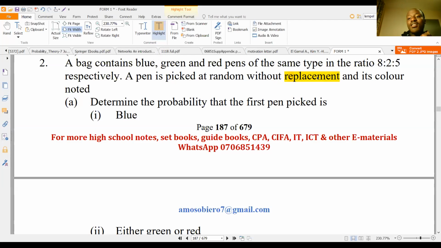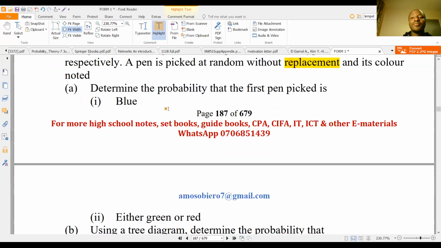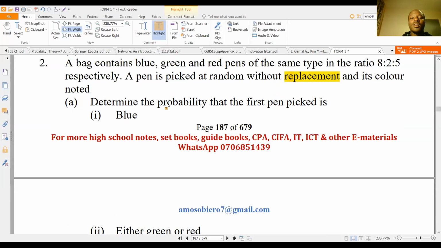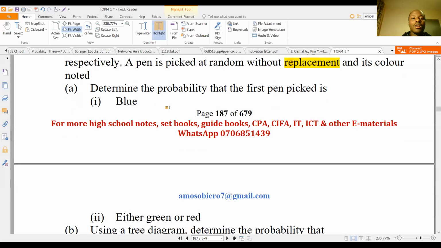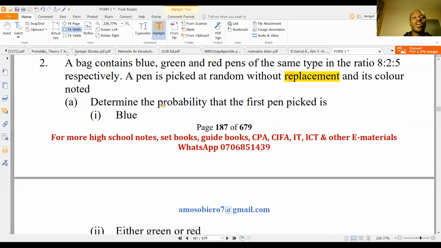So a pen is picked at random without replacement and its color noted. Determine the probability that the first pen is blue, or the probability that it is either green or red.